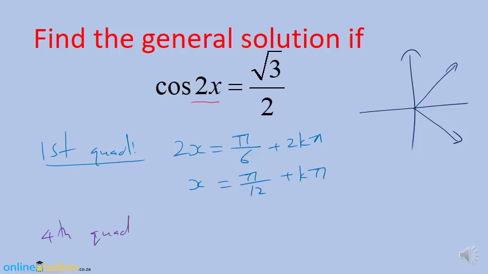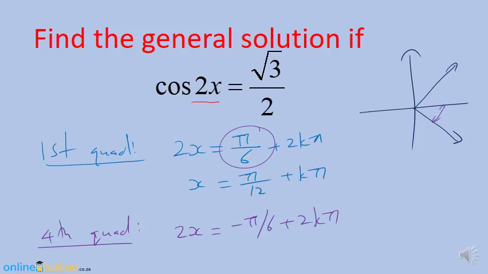In the fourth quadrant, what I'm going to do now is use a negative angle. So I want you to think about this very carefully. So it'll be 2x, the angle, and instead of saying pi by 6, I'm going to go this way. It's going to be minus pi by 6 plus 2k pi.